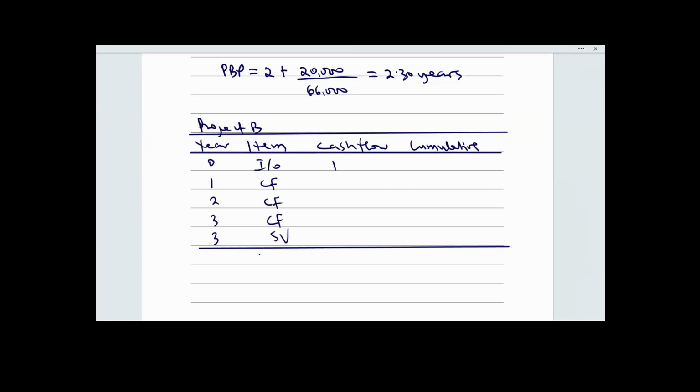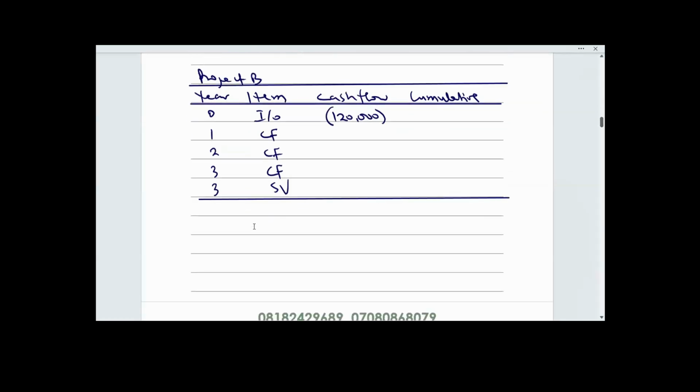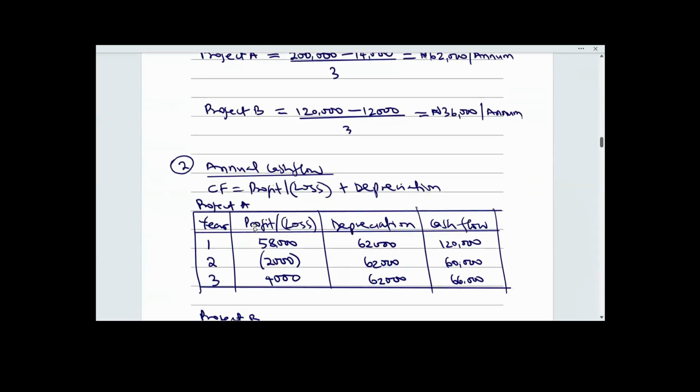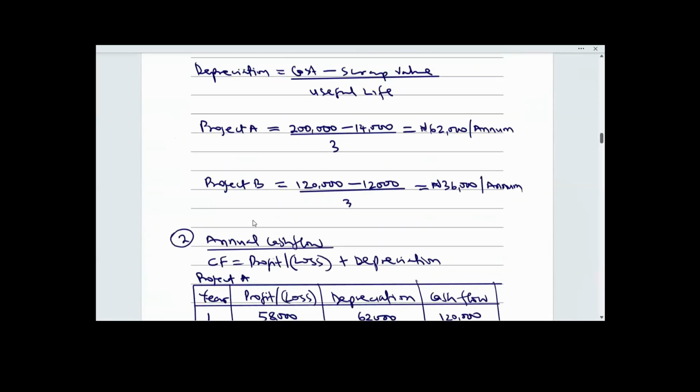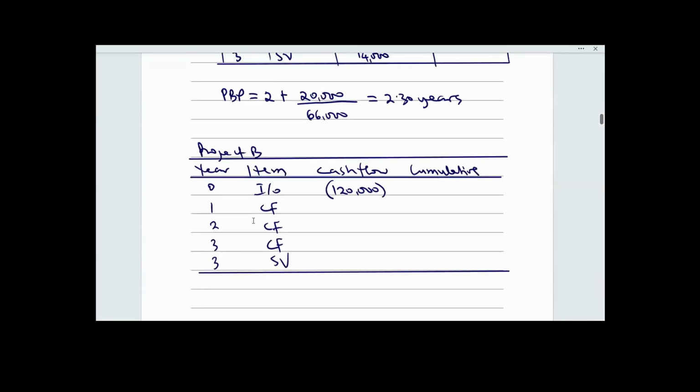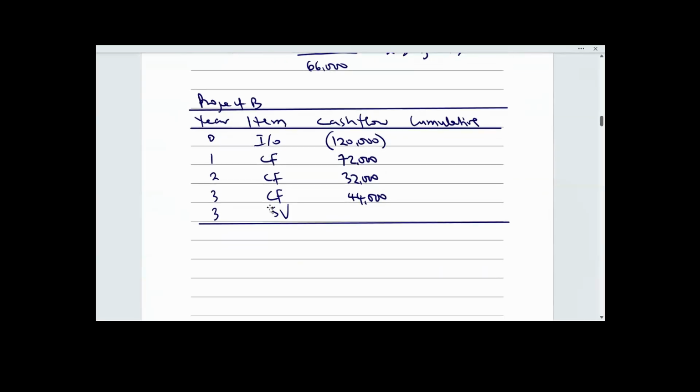For project B, we are investing 120,000 naira. Year one cash inflow for project B is 72,000, then 32,000, then 44,000. The scrap value of project B is 12,000.